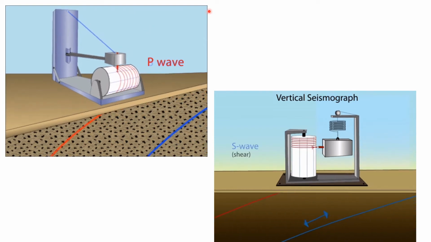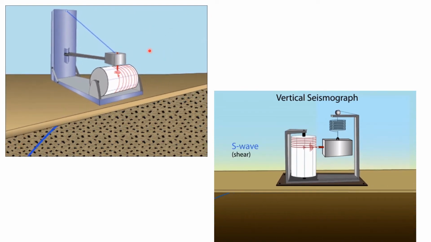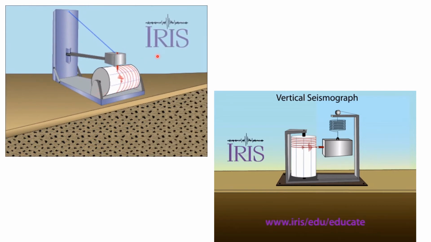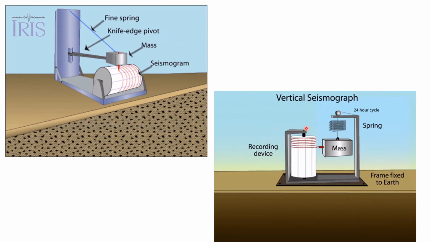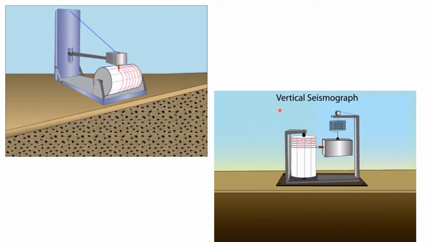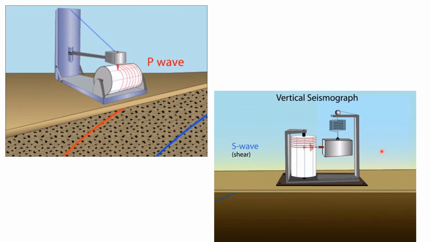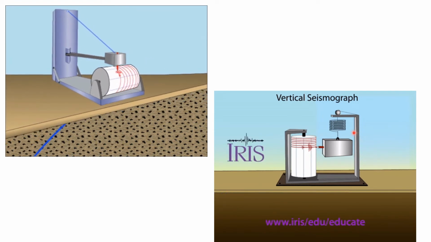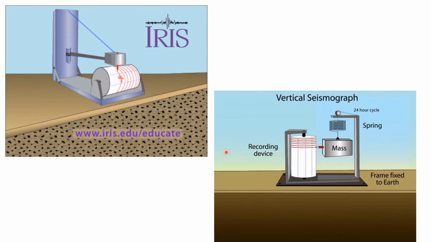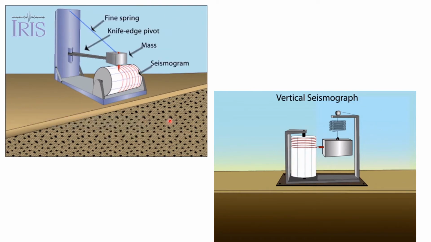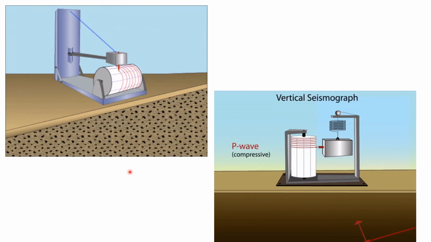The only difference between the horizontal seismograph, which is this, and the vertical seismograph is that the horizontal seismograph is directly attached to the ground, while the vertical seismograph makes use of a mass. All right, so this is an illustration of how the seismograph works.